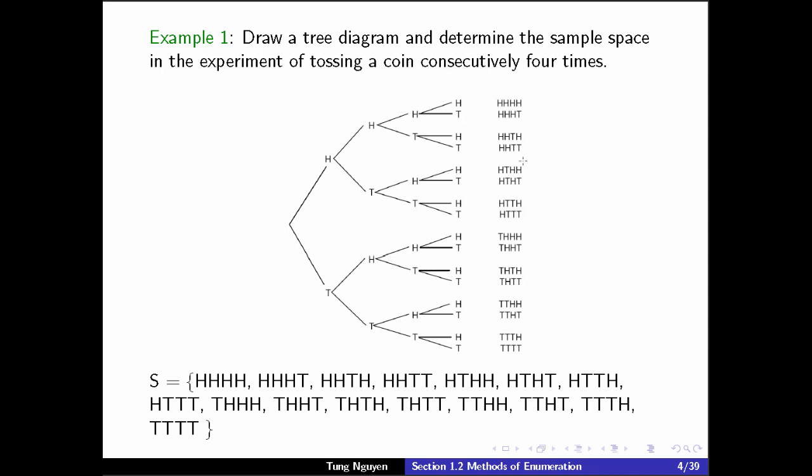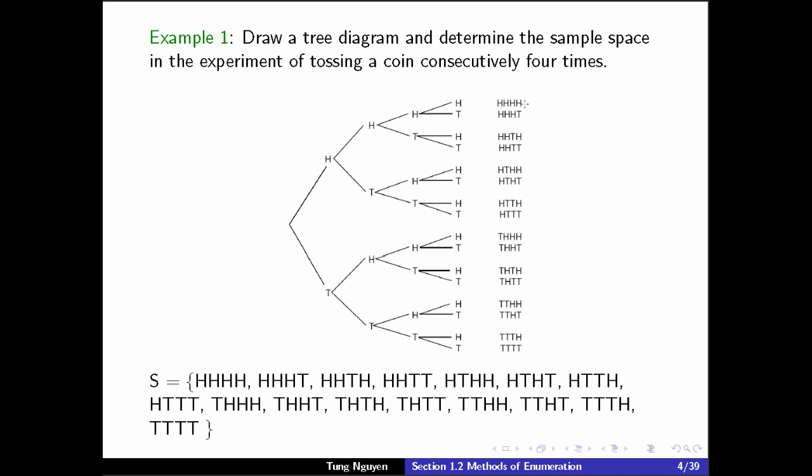So based on this tree diagram, we can easily follow the branches and obtain the possible outcomes of this sequence of experiments. If we follow this branch, for example, we have here head. First toss is head, the second toss also head, the third one also head, and then the fourth one also head.